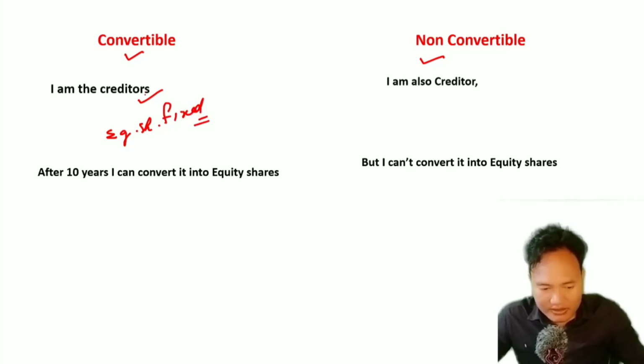Now, since the investor has invested in the name of convertible, after a few years, maybe 10 years, maybe 20 years, or after a certain fixed term, the debentures can be easily converted into equity shares. Once the debentures are converted into equity shares, the debenture holder will also be converted into an equity shareholder.